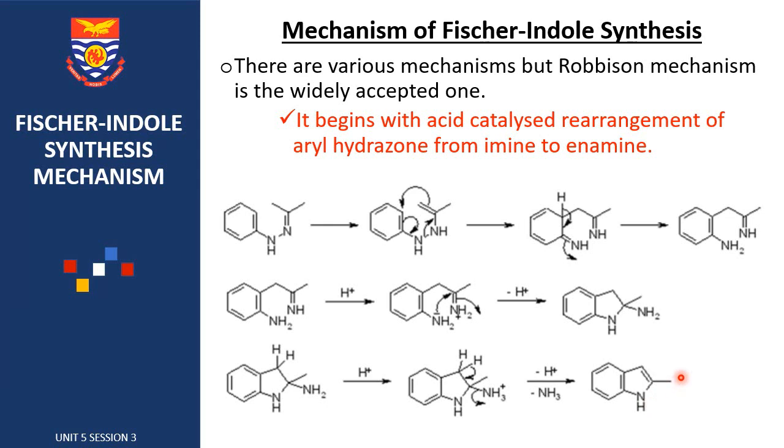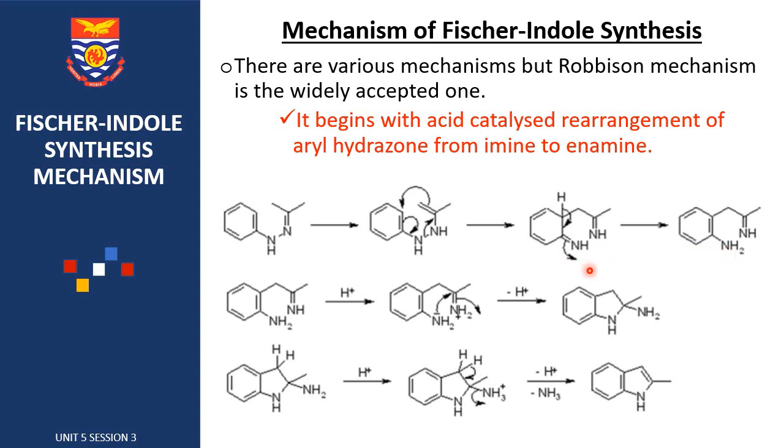First of all, the two basic nitrogens you see here are probably protonated in strong acidic medium to form the activated system you see here, which then undergoes the rearrangement using one of the pi bonds from the benzene and the double bond from the imine group. So these two bonds undergo the rearrangement to produce the subsequent product you see here.